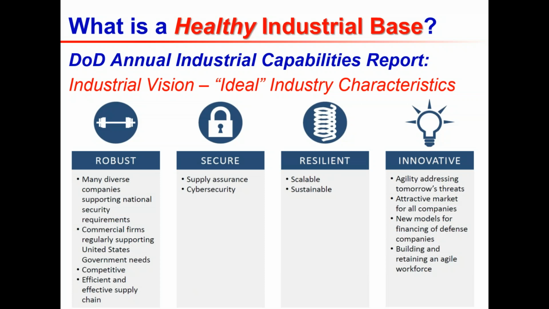Many diverse companies, commercial firms regularly supporting U.S. needs, a competitive market, an efficient and effective supply chain. It's secure, right? Your supply is assured, cyber security is guaranteed, and you're also talking about tampering and counterfeits, right? It's resilient, it's scalable, it's sustainable. So it's going to be sustainable across the peaks and valleys of defense spending, but it's also scalable.